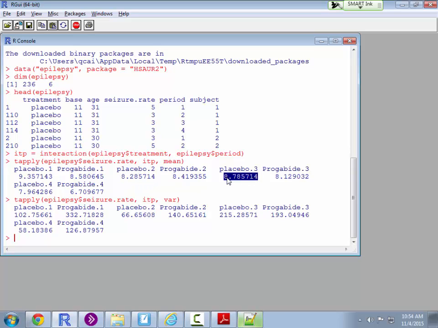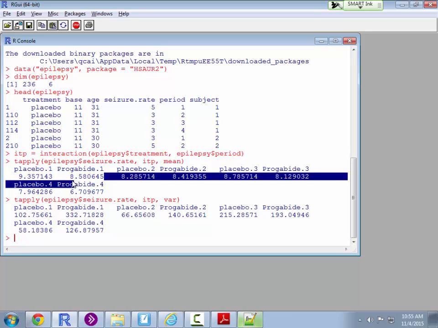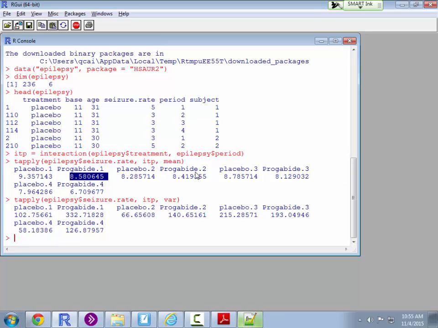Then placebo group time 3 and time 4. So it doesn't look like much happened; just looking at the means, there isn't much of a trend in the placebo group. In the treatment group, it started at 8.6, went down a bit to 8.4, went down a bit more to 8.13, and went down a bit more to 6.7. And then these are variances.